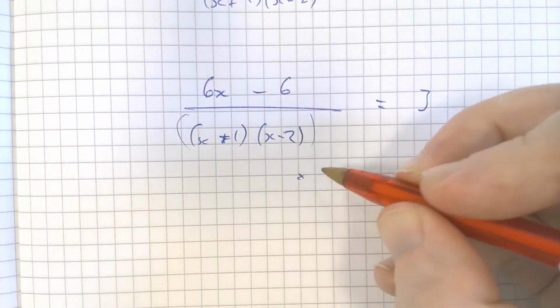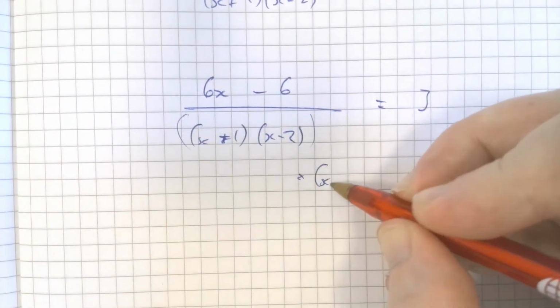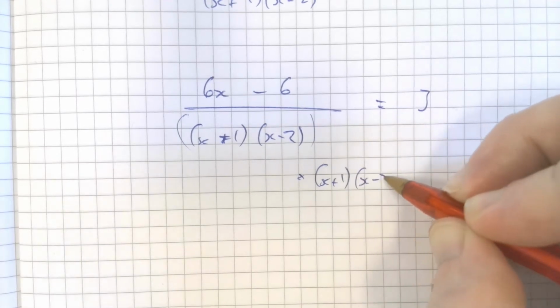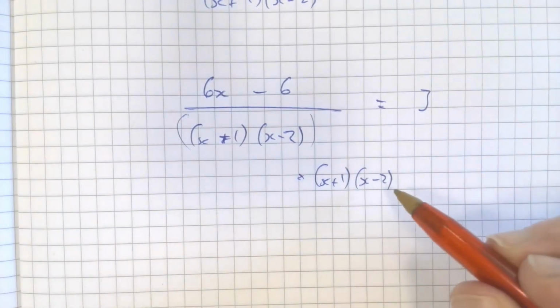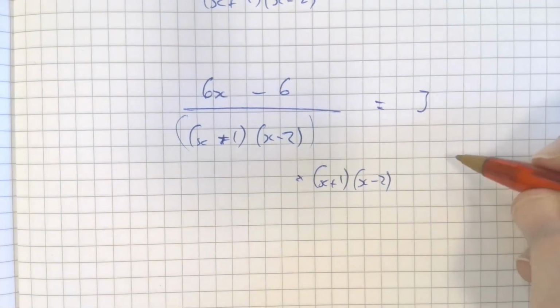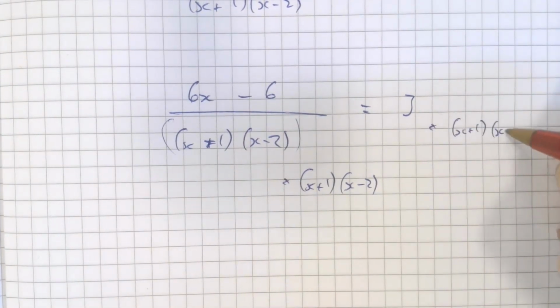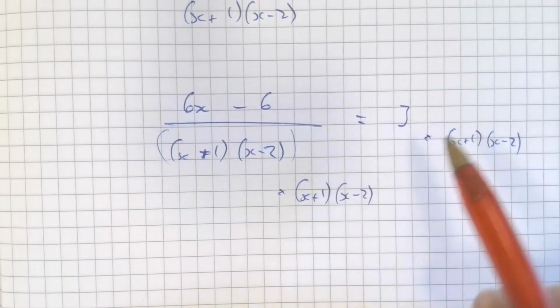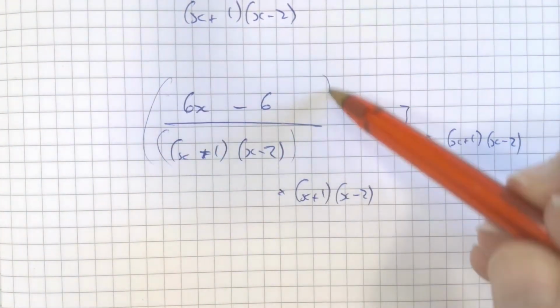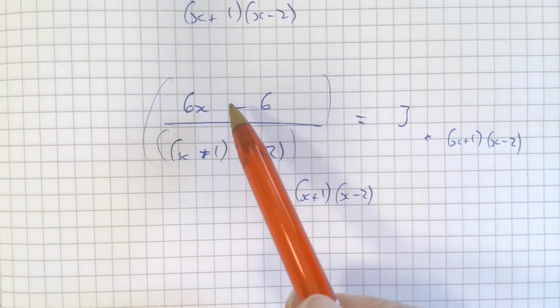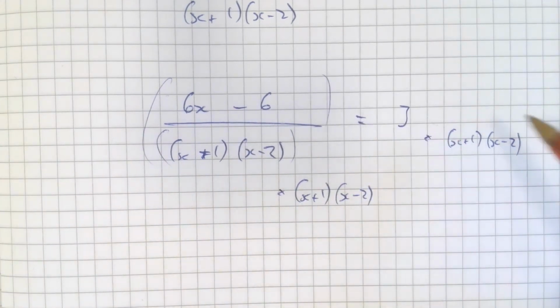I'm going to times both sides of this equation this time by that denominator, x plus 1 and x minus 2. Okay, but 3 is going to be multiplied by x plus 1 and x minus 2 as well, because at this stage we're timesing the entirety of this side of the equation by a number, so we have to do the same thing to the other side.